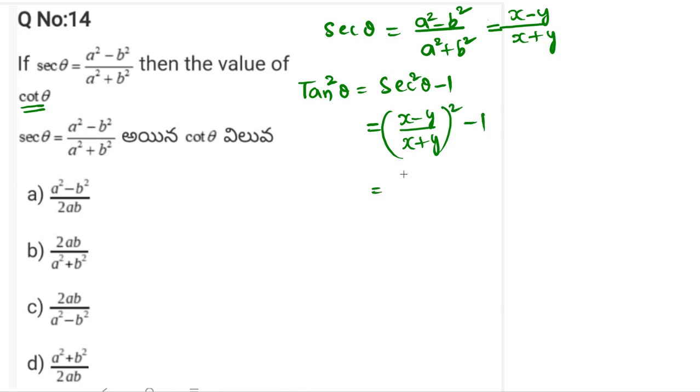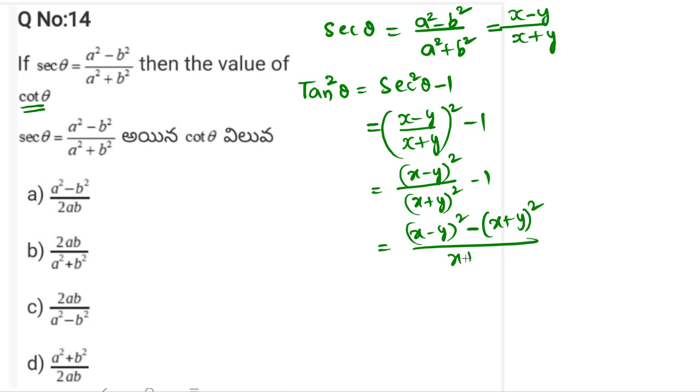This is equal to x minus y whole square divided by x plus y whole square, minus 1. We can take the LCM, so we will get minus of x plus y whole square divided by x plus y whole square. So this is equal to x minus y whole square minus of x plus y whole square.